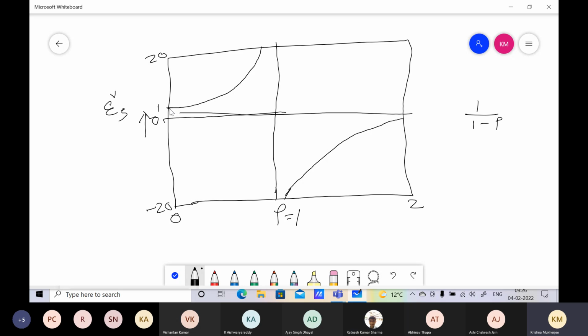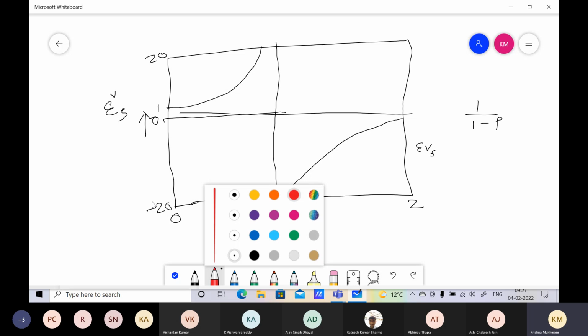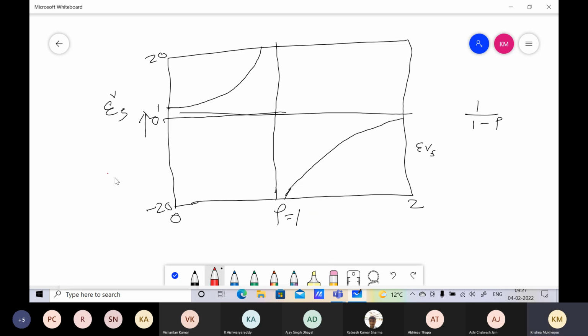So this is an asymptote at 1 and this is an asymptote at 0. So this is EV by S. What about EV by P?